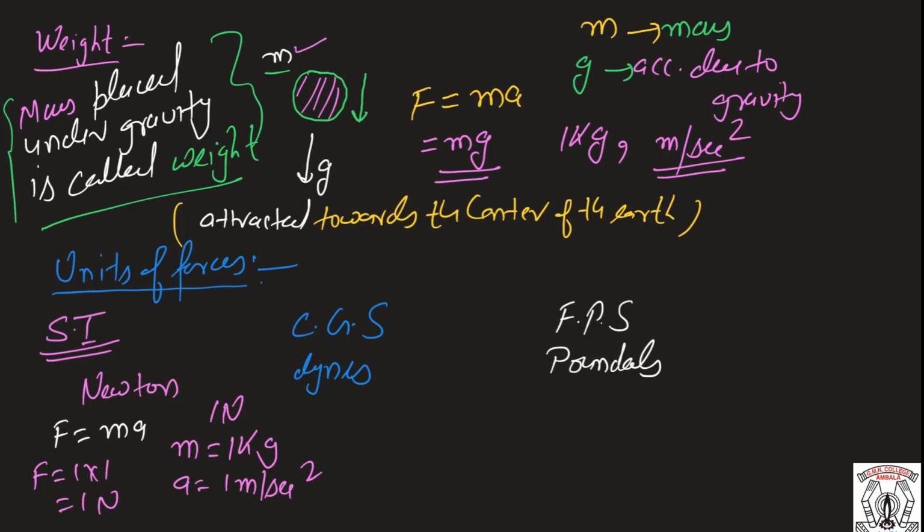And how will you define one dyne of force? Once again we will write the formula for force. F is equal to ma. So in this case mass will be 1 gram and acceleration will be 1 centimeter per second square.